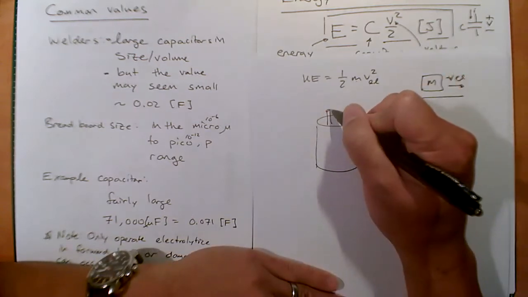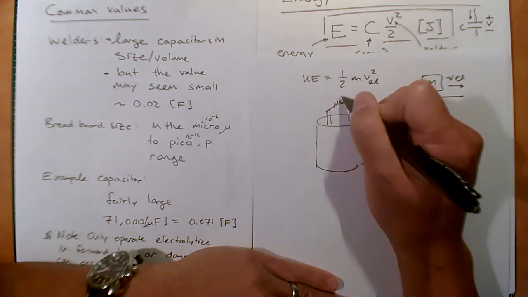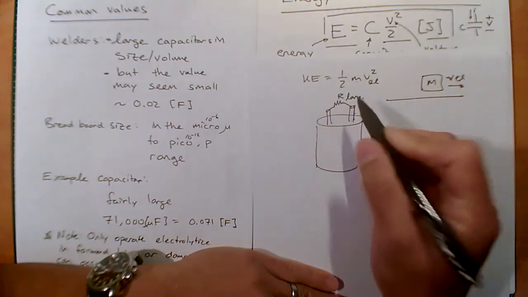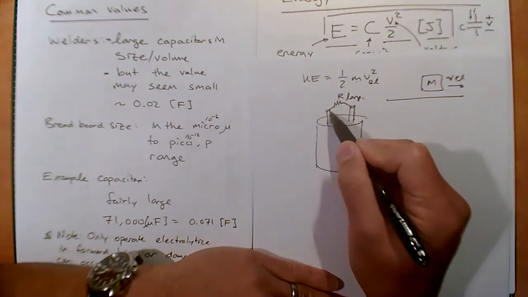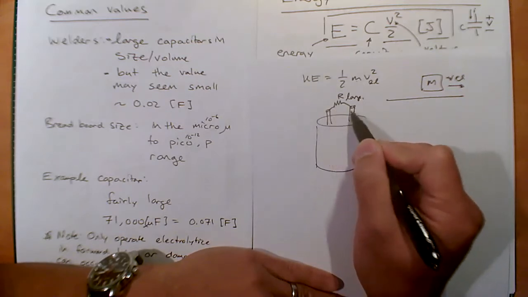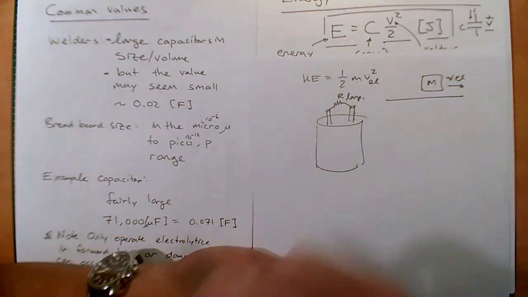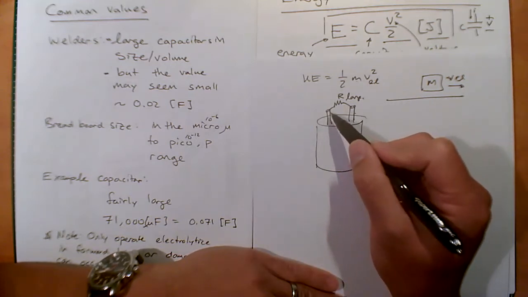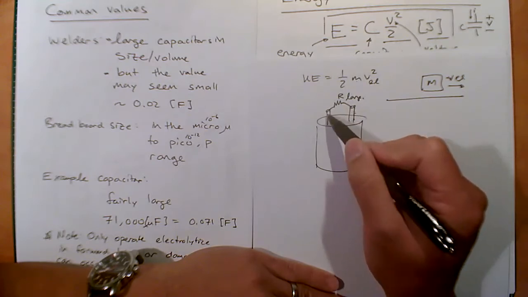Now, some capacitors will actually come with a very large resistor there. What that means is this resistor is always bleeding off any differential in voltage and charge on here. However, it's large so that during normal operation, it doesn't just short out.